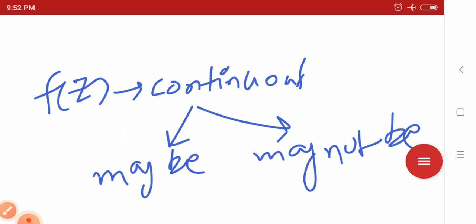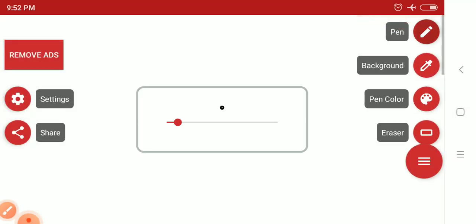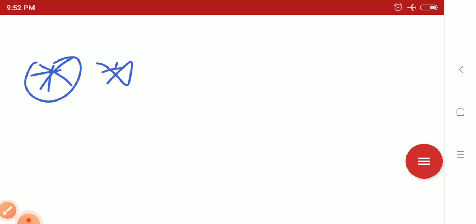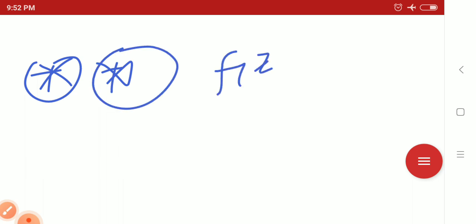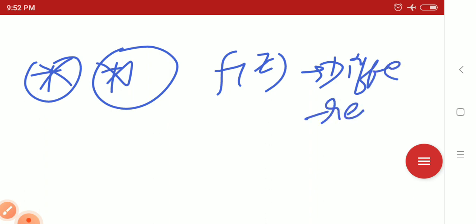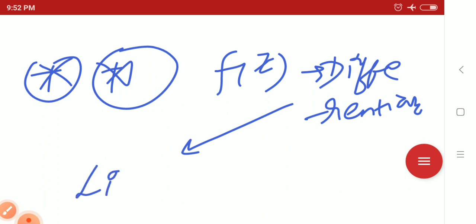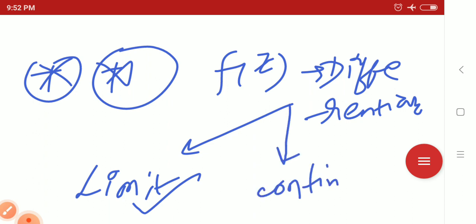And another very important point: if a function f of z is differentiable, then the limit will exist and the function will be continuous, both.